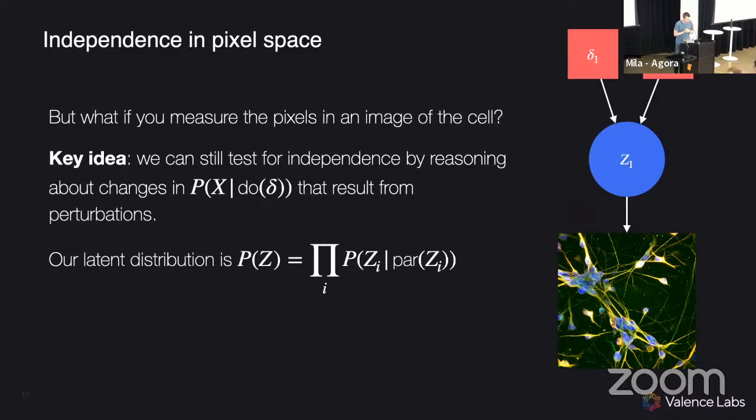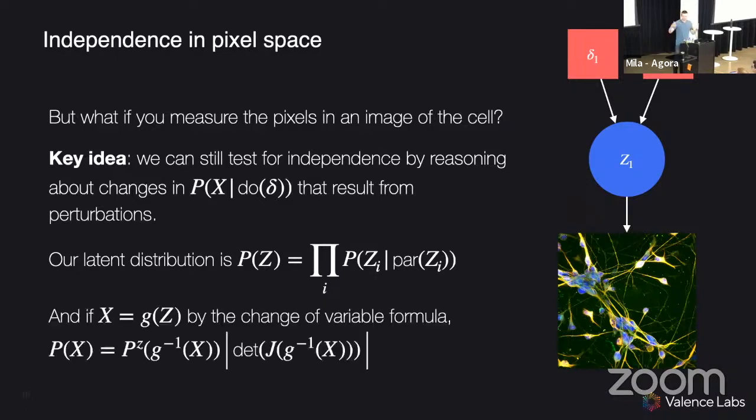So why does this work? Well, I said before we had this latent distribution. We're talking about cell state in terms of some distribution over latent variables. And if you remember the change of variable formula, as a reminder, the pixels that we saw are some function g that is a transformation of this latent state.